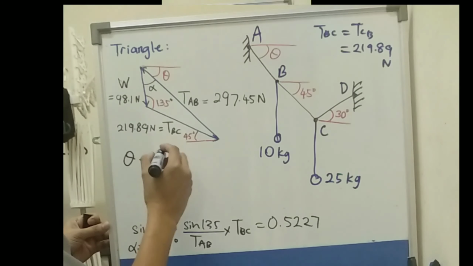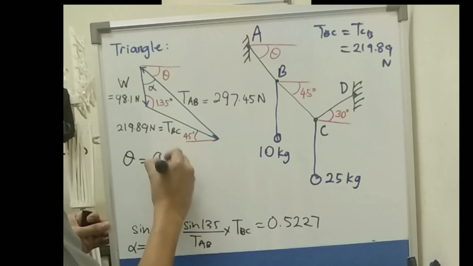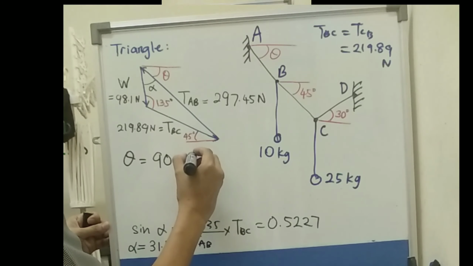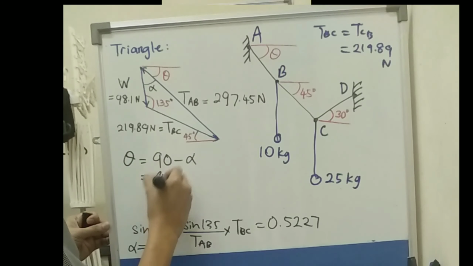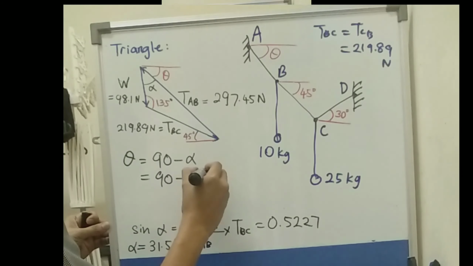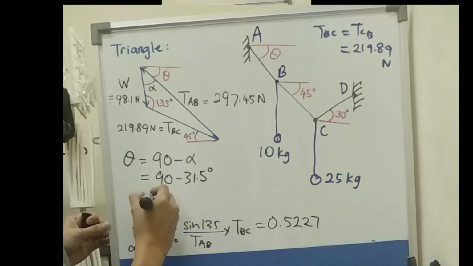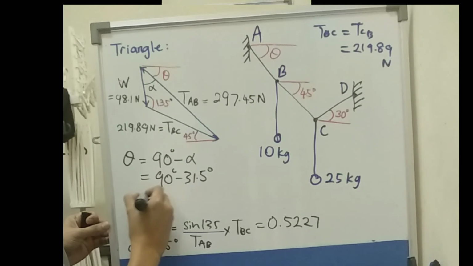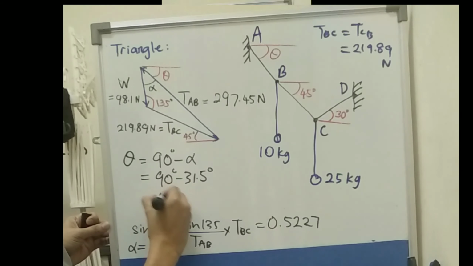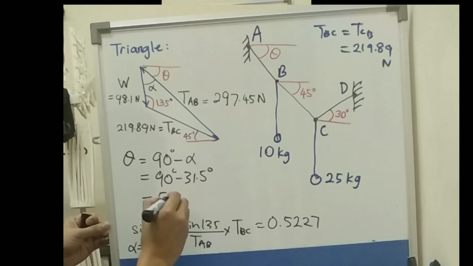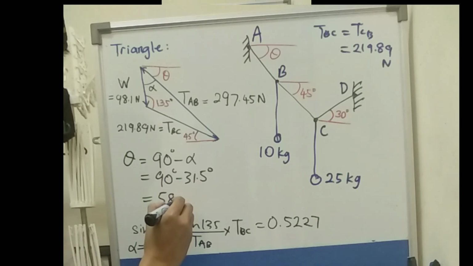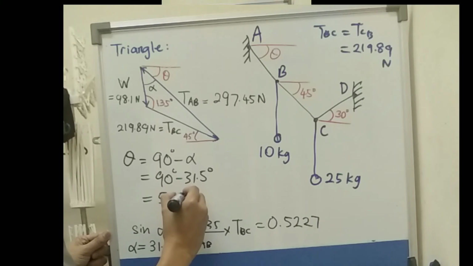Theta is just 90 degrees minus alpha, 90 degrees minus 31.5, you get 58.5.